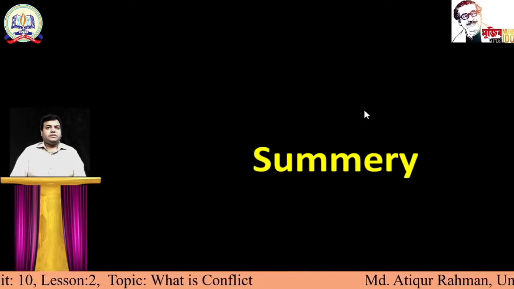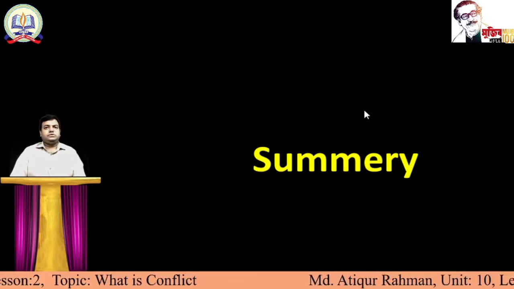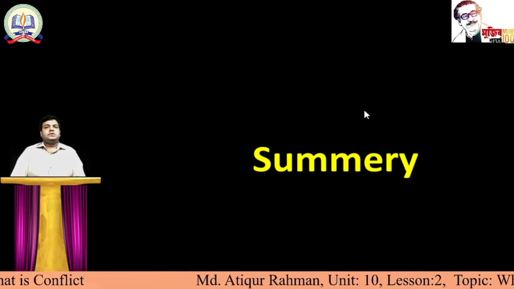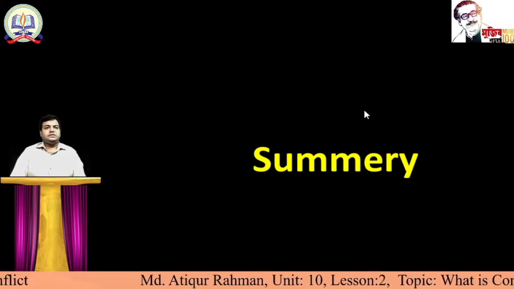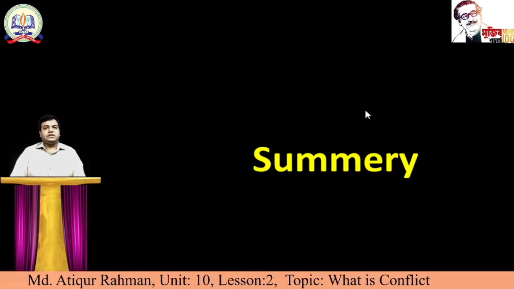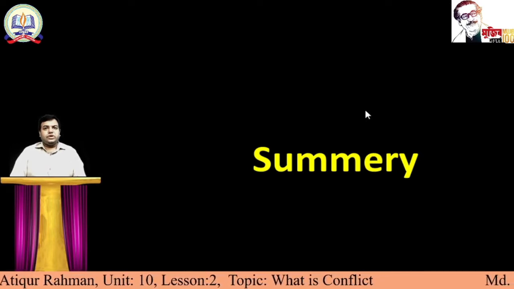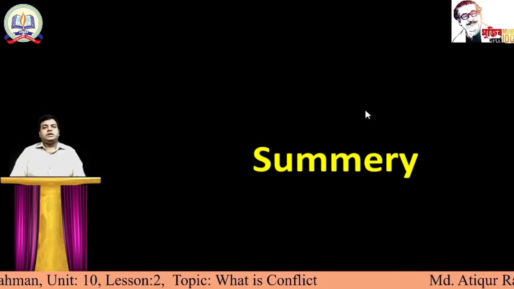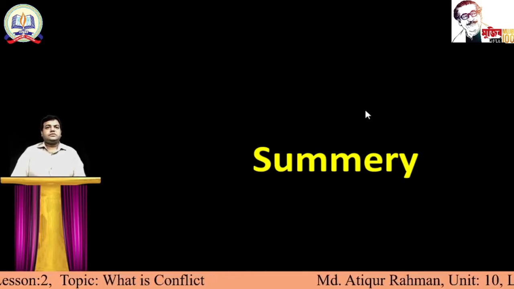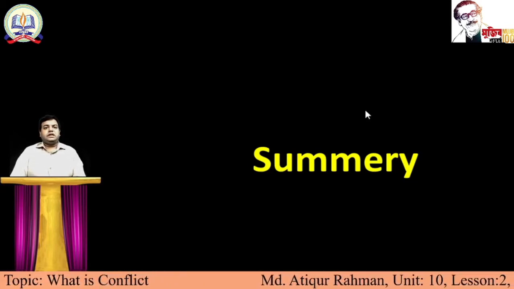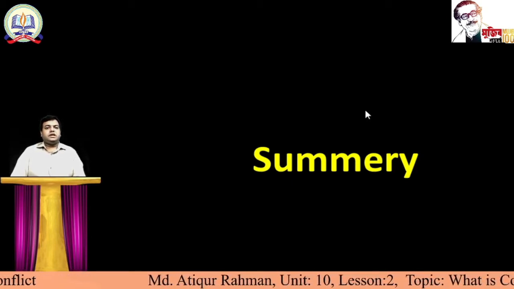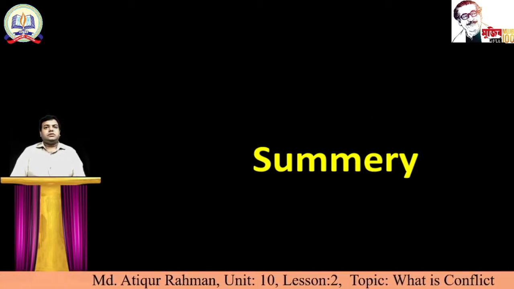And to make a summary, we shouldn't use big sentences. We should try to express the main idea in a short sentence. We should avoid examples to write a summary. Here is an example of a summary given for you. Let's start what is given here.